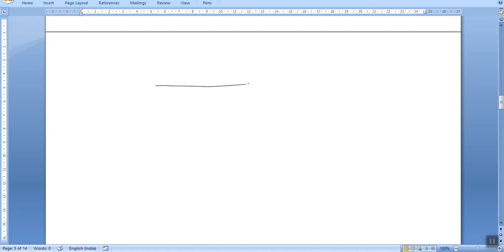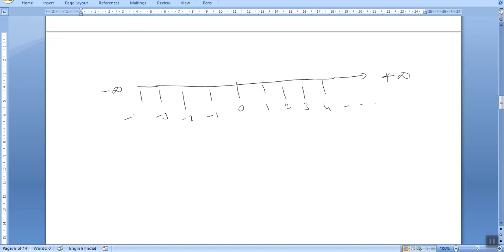Okay, this is the origin, this is plus infinity, this is minus infinity. Now this is 1, 2, 3, 4 integers, minus 1, minus 2, minus 3, minus 4. Suppose you take any number, rational or fractional, then no problem.